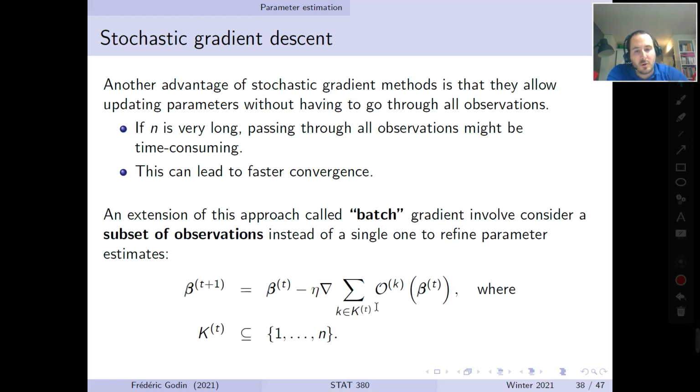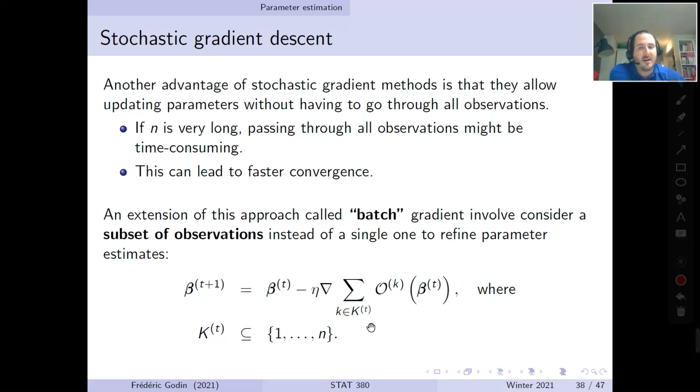And here you still consider the subcomponents of the gradient, but instead of considering one of them or instead of considering all of them and summing through all of them, you will use only a subset of components or a subset of observations over which to sum. Okay, so on each iteration t, you will consider a subset of observations, so a subset of 1 until n, to calculate your gradient.